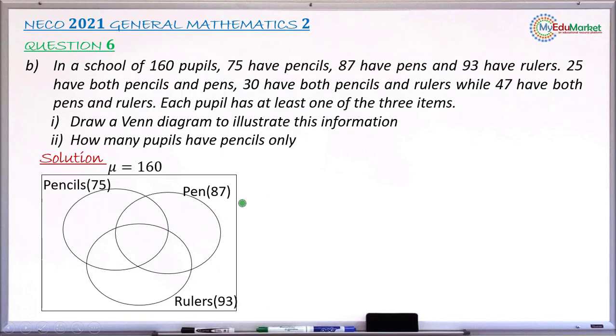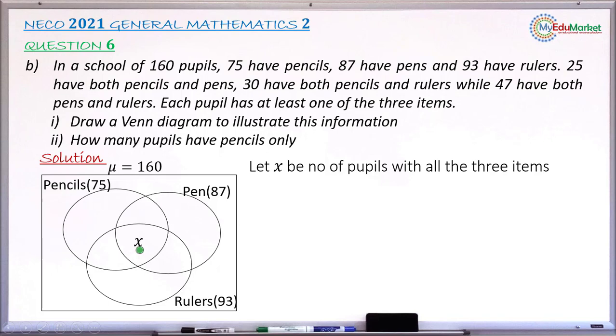So we continue. If you let X, for example, or any other letter, represent the number of pupils with all three items, those with all three items will be the innermost region, where it belongs to all three circles. So I write X inside this region. This X represents the number of pupils that have pencils, pens, and rulers at the same time.